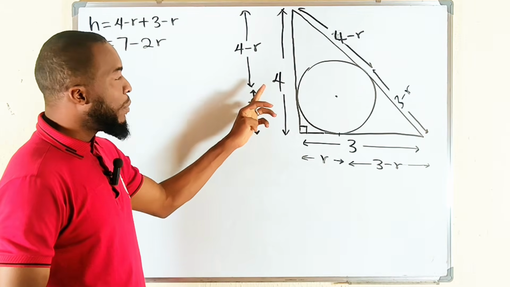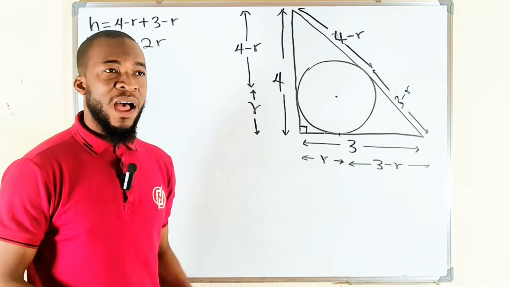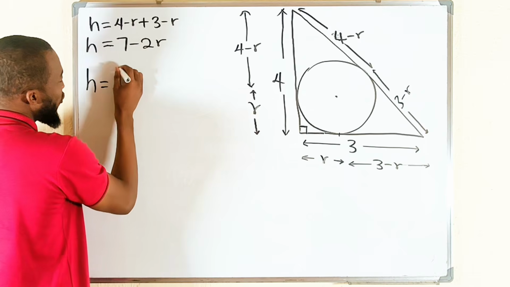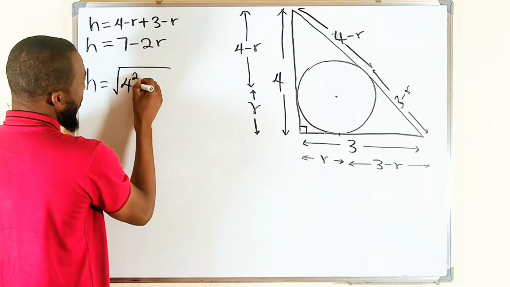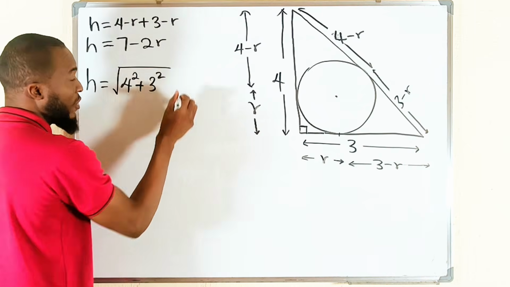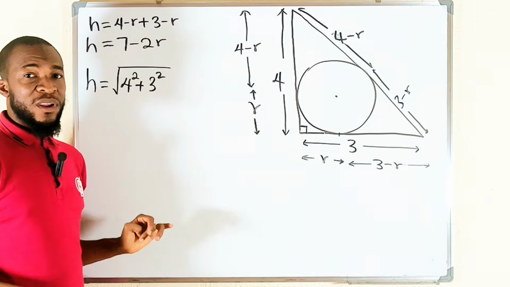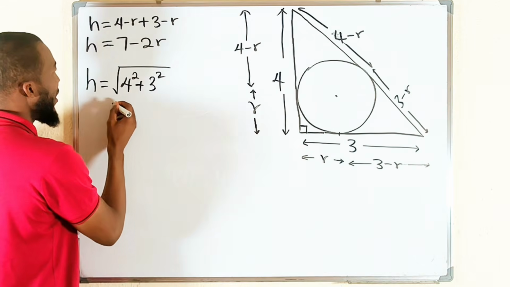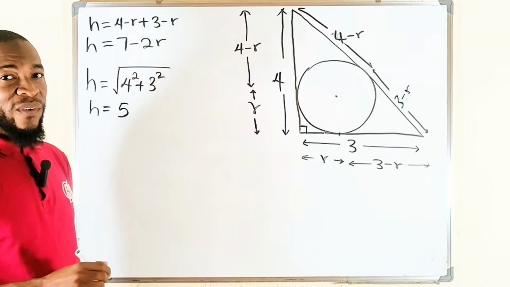But again, we can apply Pythagoras' theorem to find the hypotenuse, given that these two sides are 4 and 3. So the hypotenuse is equal to the square root of what? 4 squared plus 3 squared, according to Pythagoras. 4 squared is 16, 3 squared is 9, 16 and 9 is 25, square root of 25 is 5. It means that the hypotenuse is 5.